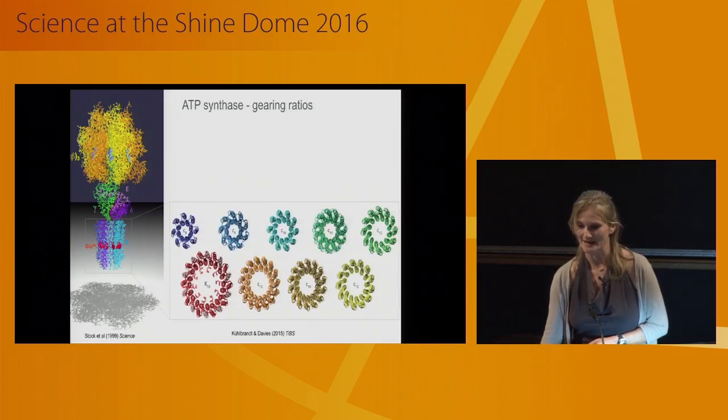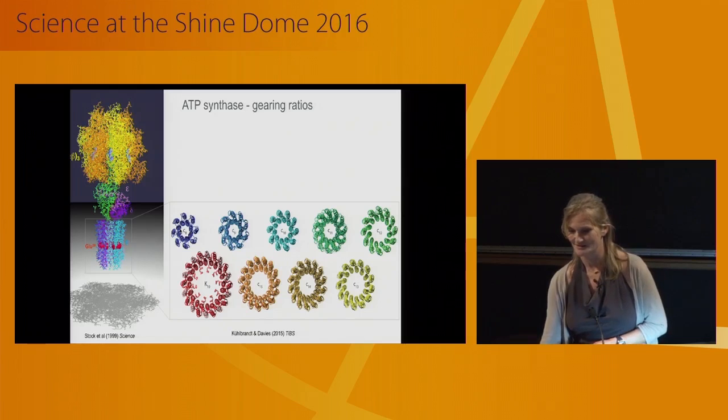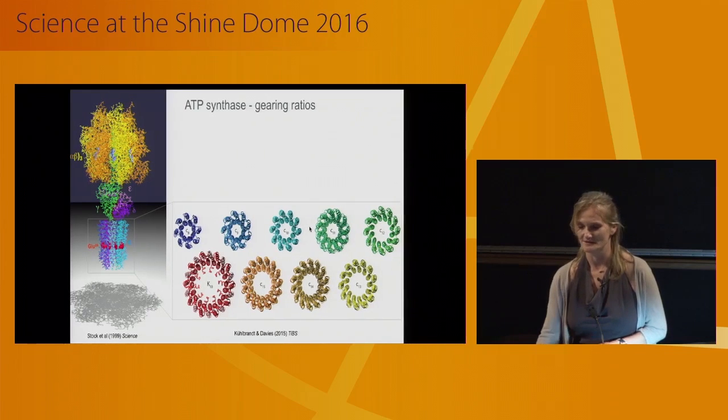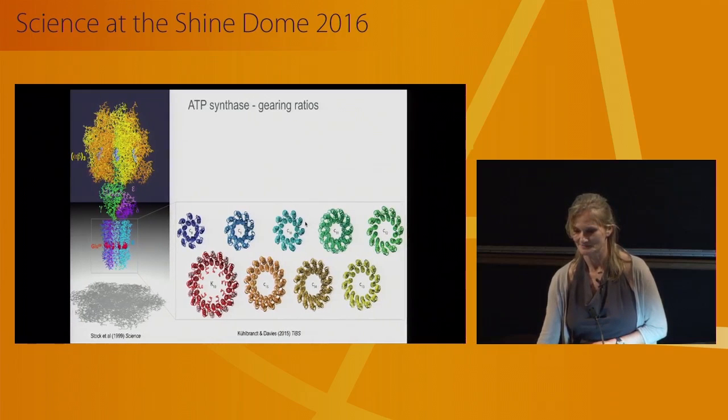Now, this triggered a whole avalanche of reports, and people studied these turbines from different organisms. It turns out that different organisms have different numbers of blades in their turbines, and so they translocate a different number of protons per ATP synthesized.